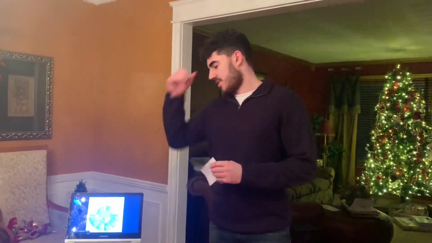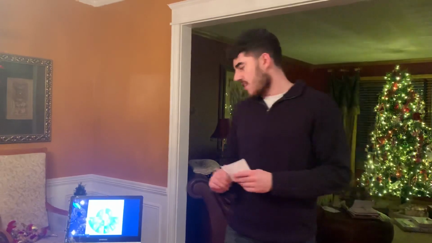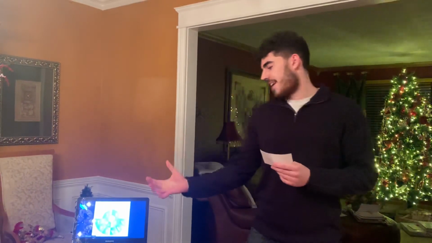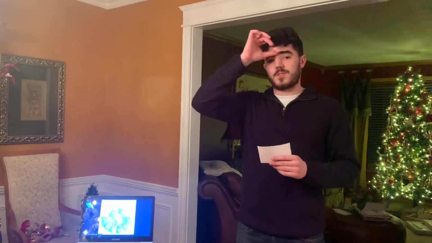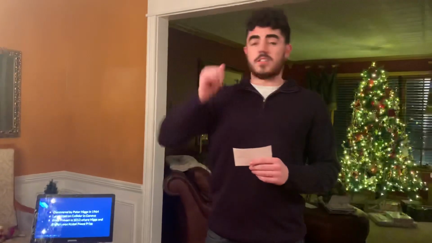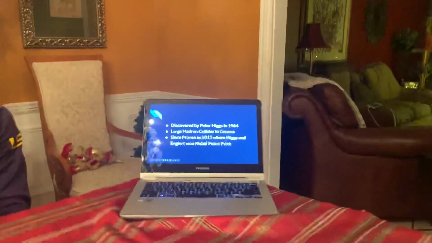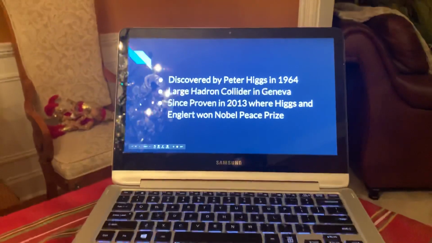We didn't understand why these particles had mass or where mass came from, and that's where the Higgs boson comes in. The Higgs boson is essentially just another separate field, like electricity, gravity, or magnetism, and the particles that move through it experience different levels of mass. This was first discovered by Peter Higgs in 1964.